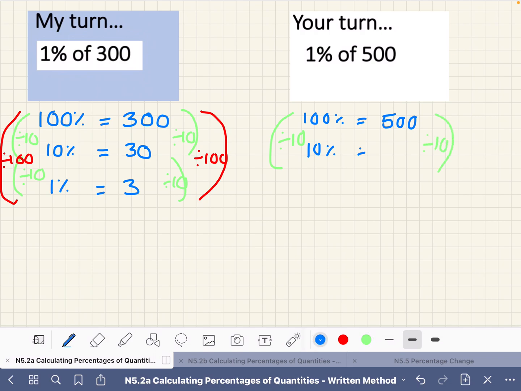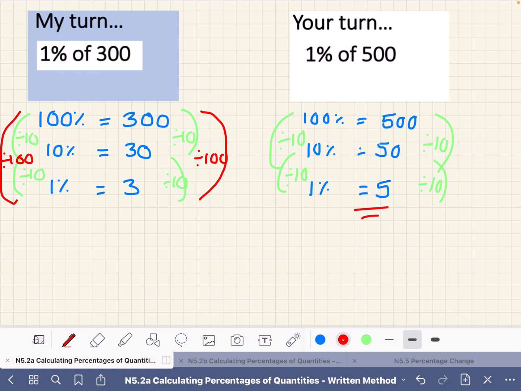That gives us 500 divided by 10 is 50. Next step is to take this down to 1%, and we find 1% by dividing 10 by 10. Therefore, we also want to divide 50 by 10. That gives us 50 divided by 10 is 5. And that is your answer.